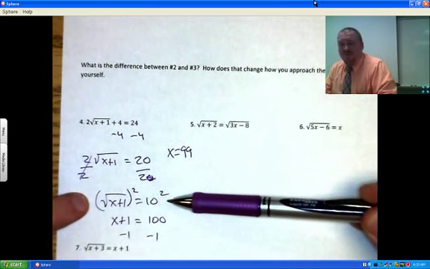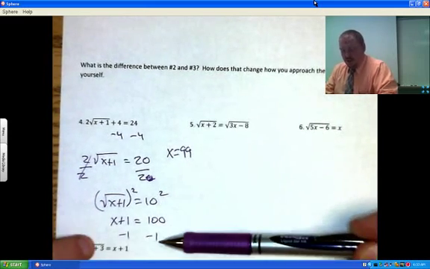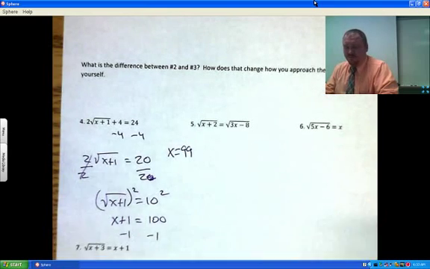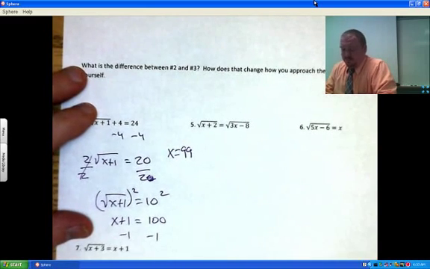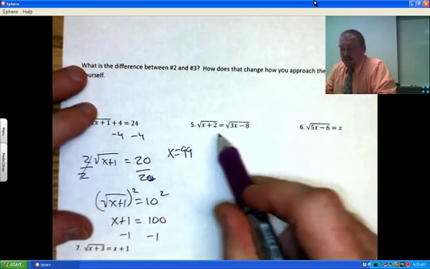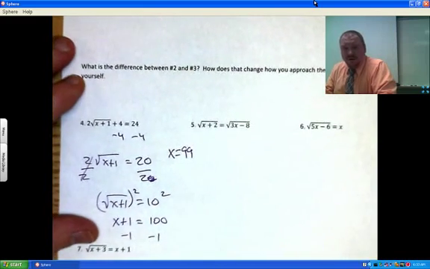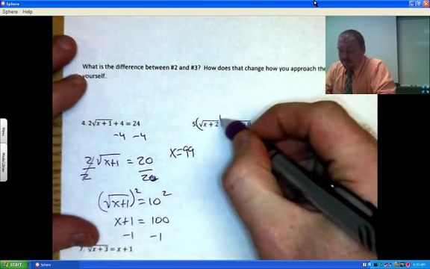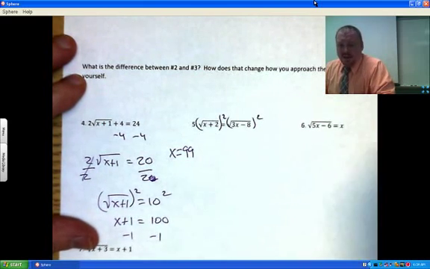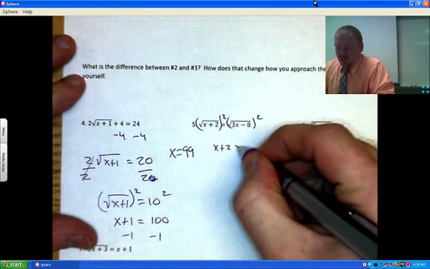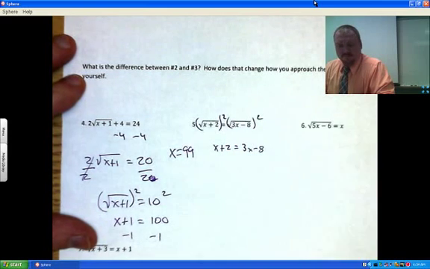Number 5 is a little bit different because it has 2 radicals. So since there's nothing outside of either radical, I'm just going to square both sides. When I do that, the radicals just go away. Now I like to keep my x's positive. There are many ways you can approach this problem.